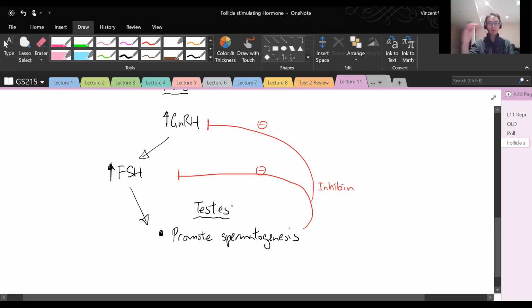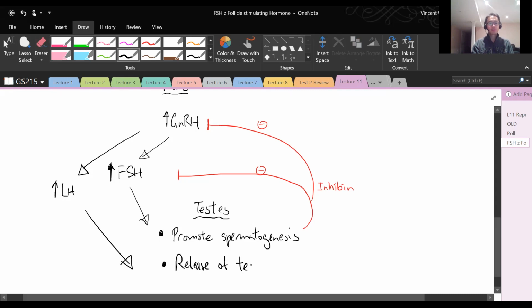As long as the level is at a homeostasis level, you want to inhibit it. In addition to FSH, there is also the LH. LH will travel to the testis and promote the release of testosterone.